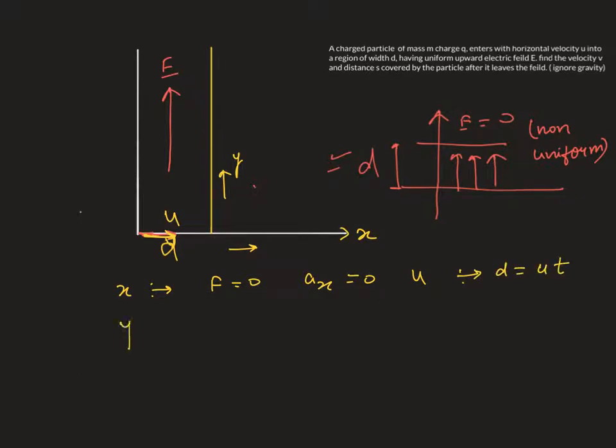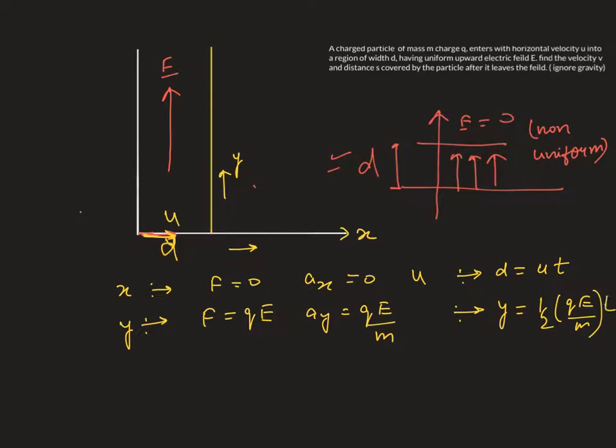Along the y-axis the force is qE, the acceleration along the y-axis is qE by m, and the distance covered by the particle y equals half qE by m into t squared. Now we can substitute t from this equation and find the value of y.